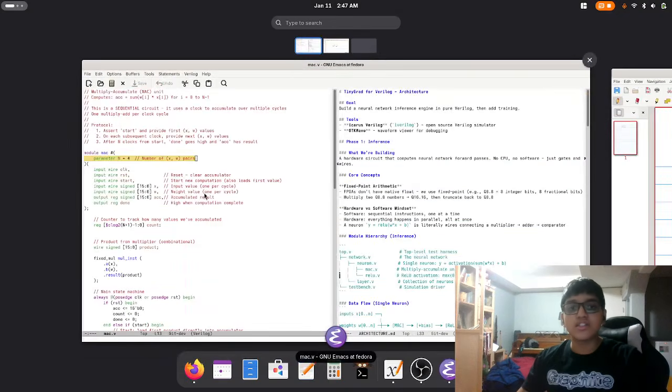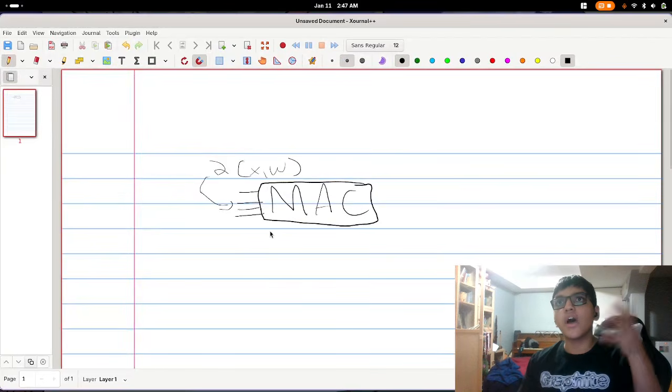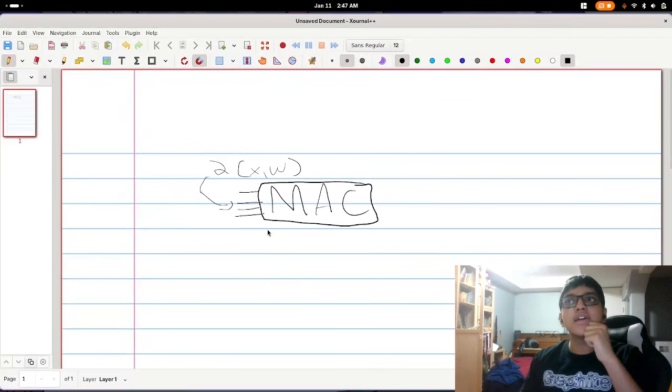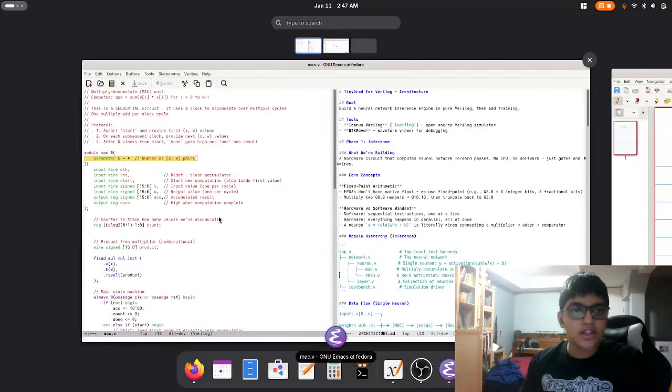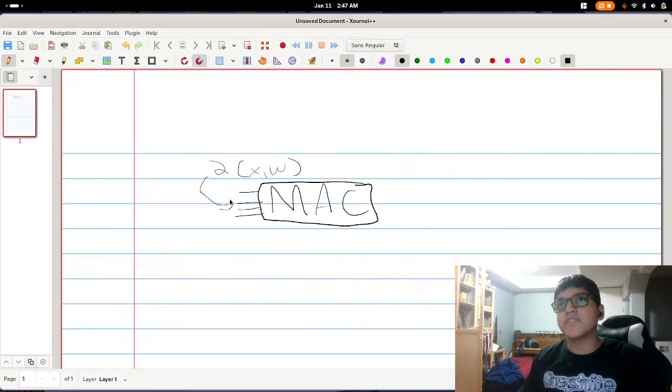Even though these look like 4 wires here, because we're using 16-bit numbers, that would actually be 4 times 16, which is 64.